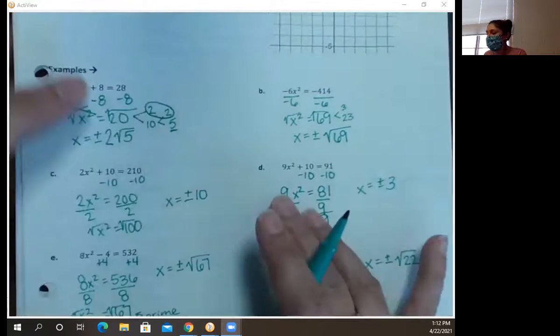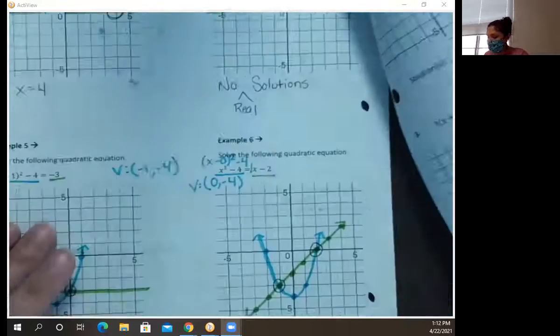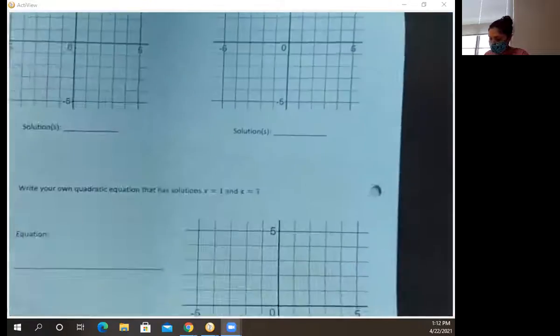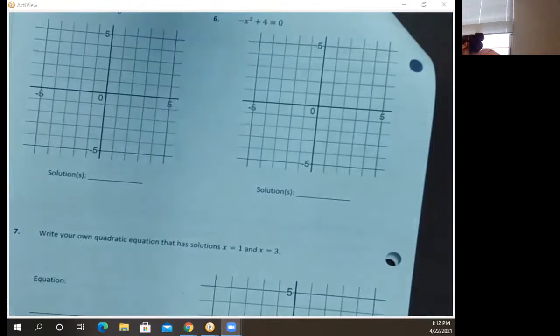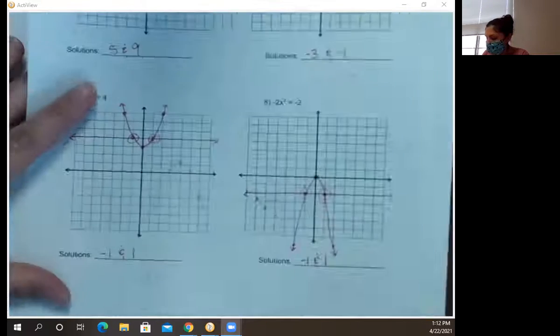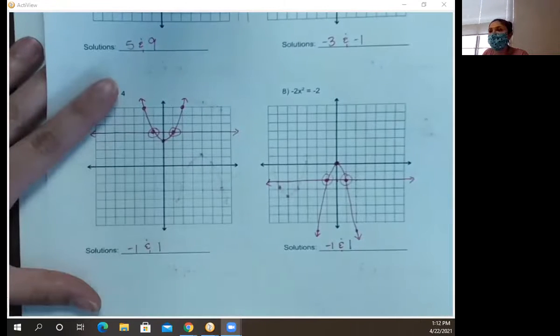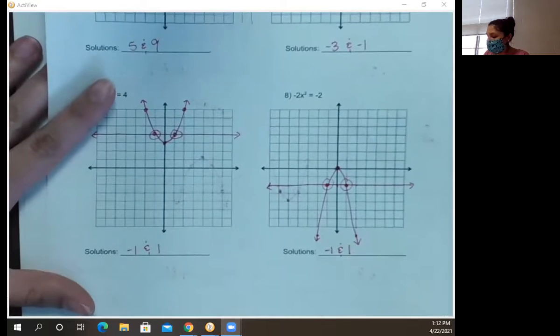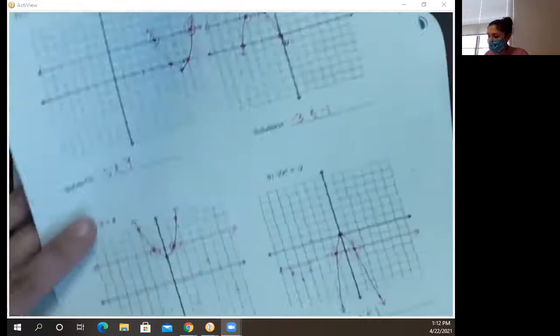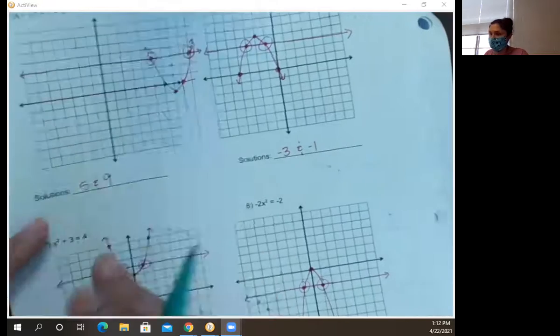And we saw this with some of our graphing problems. If I flip back here, it would have been in our practice the other day. Here we go. Positive 1 and negative 1, right? But every problem we looked at when we solved by graphing was not positive 1 and negative 1. Here we had a 5 and a 9.